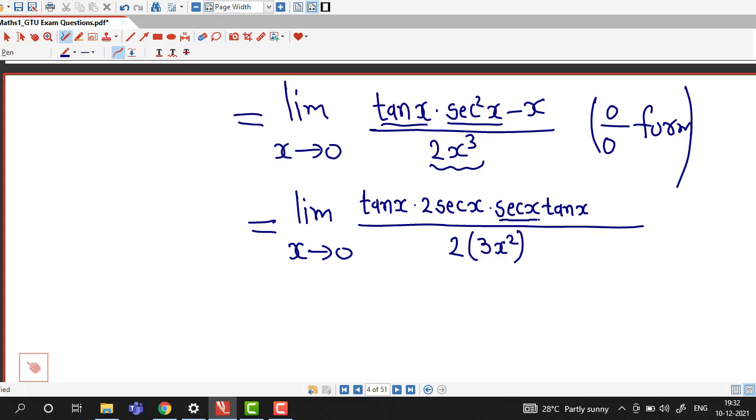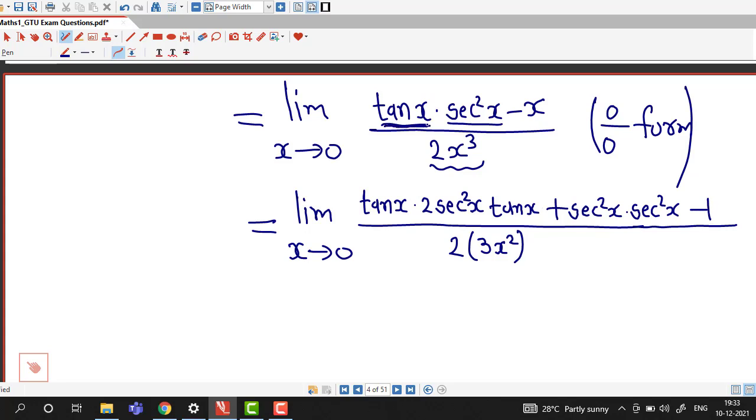So we can combine this sec x into sec x, and we can rewrite this as 2 times square of sec x into tan x. So this is derivative of square of sec x, and plus square of sec x as it is, derivative of tan x, which is sec square x, minus derivative of 1.